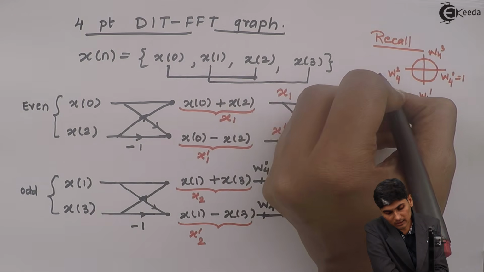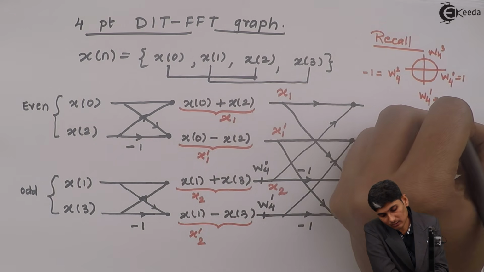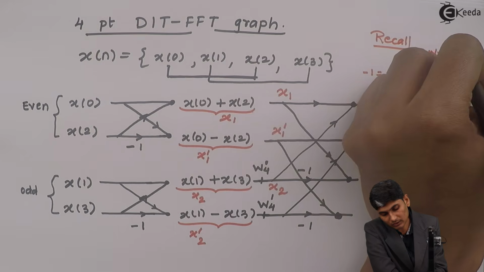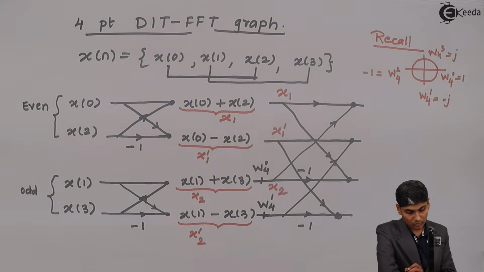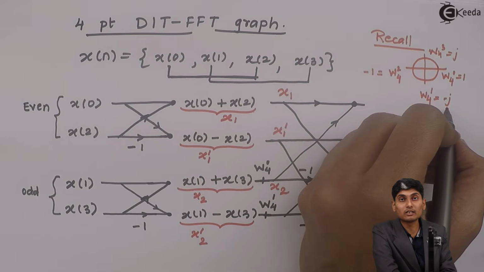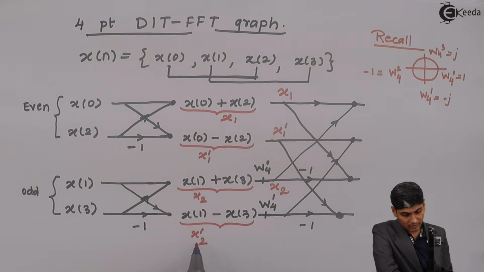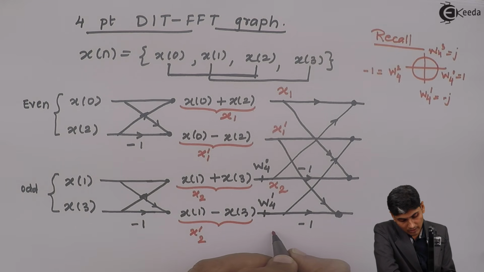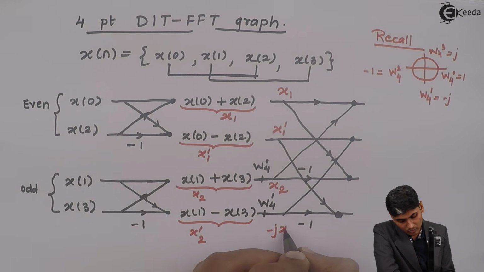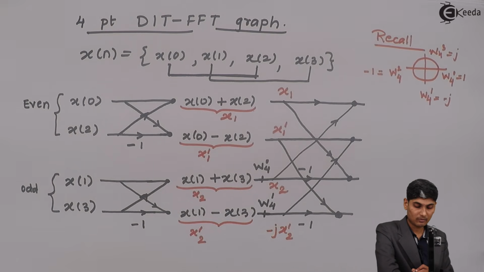This value is 1, this value is minus j, this value is minus 1, this value is j. Right, so W4 raised to 1 is nothing but minus j. So now x2 dash is going to be multiplied by minus j, and at the crisscross I'm going to get minus j into x2 dash.